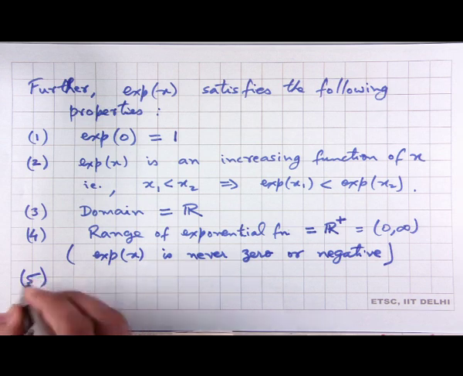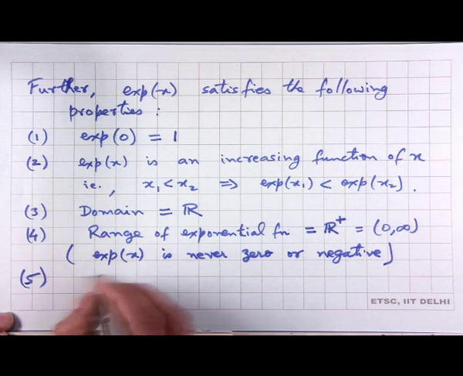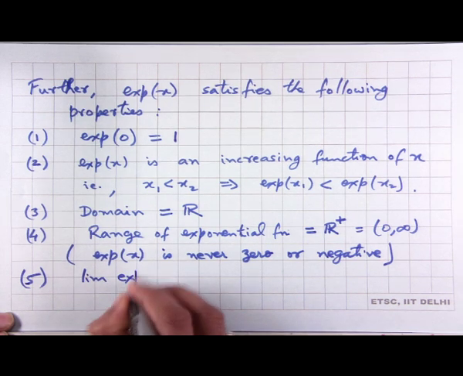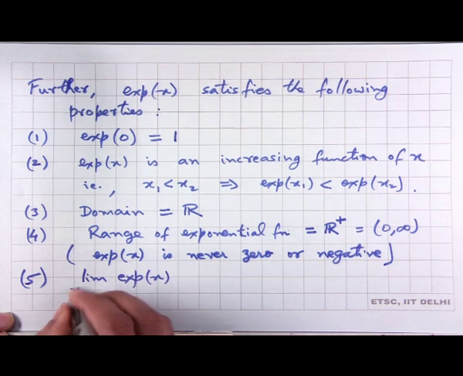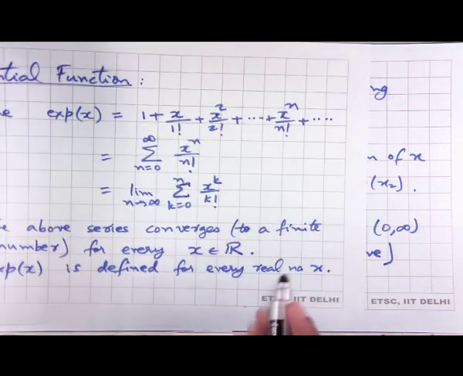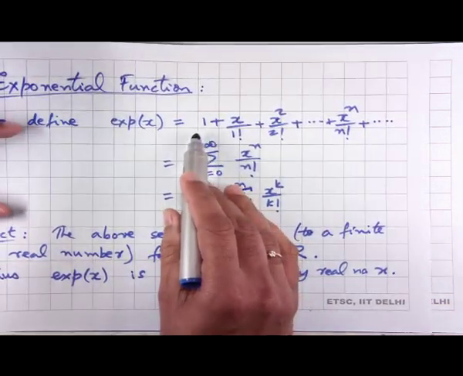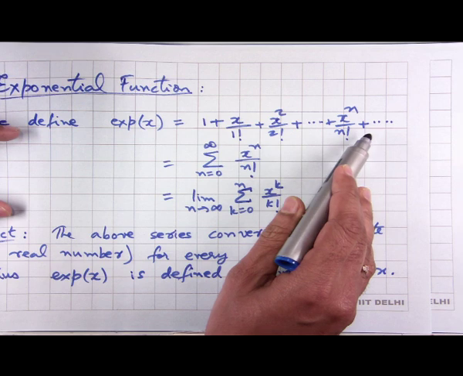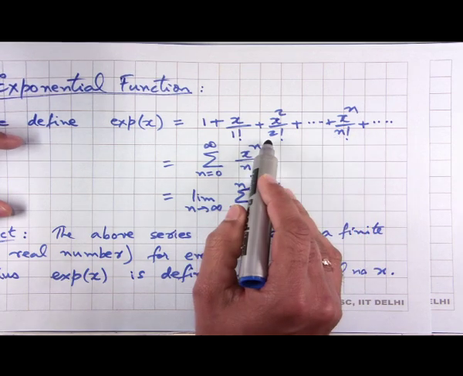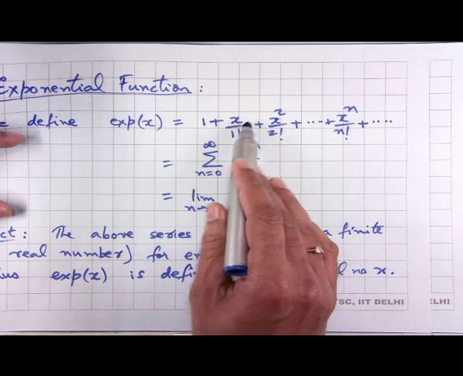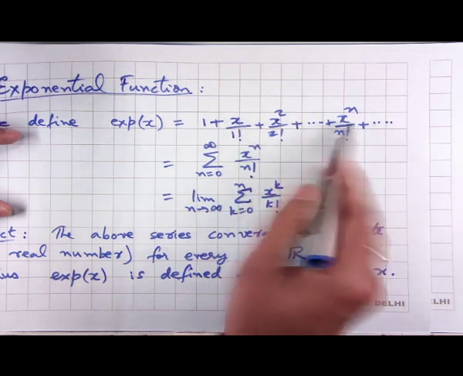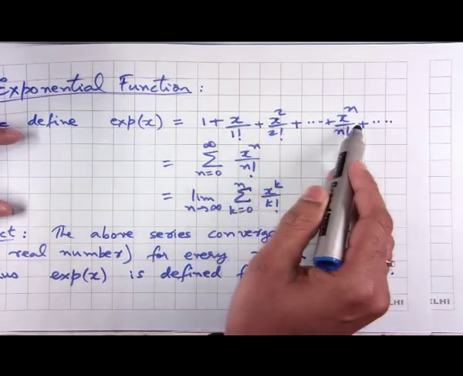The fifth property I will write as what happens to this exp(x) as x approaches positive infinity. If you see, exp(x) is 1 plus x by factorial 1 plus x squared by factorial 2 and so on. So, if x approaches positive infinity, each of the terms except for the first term 1 approaches positive infinity.